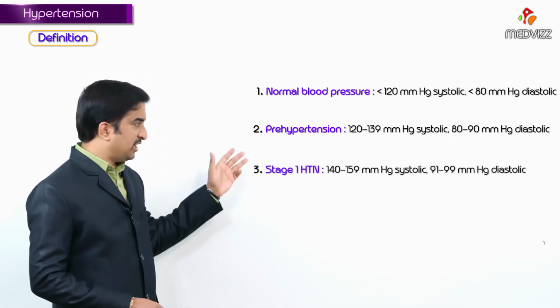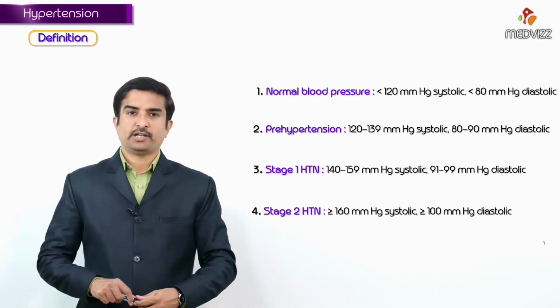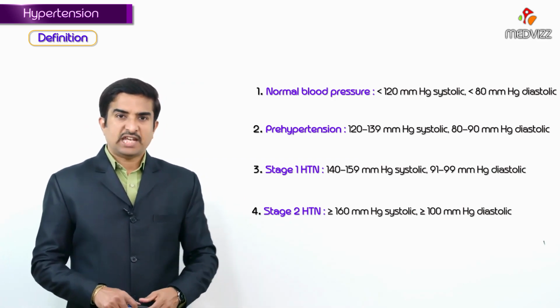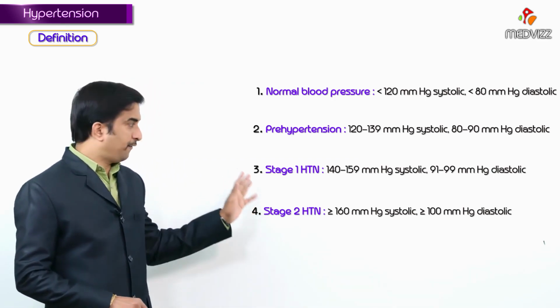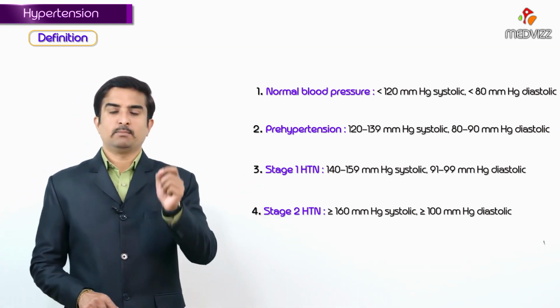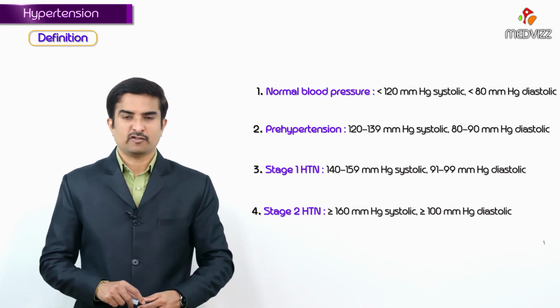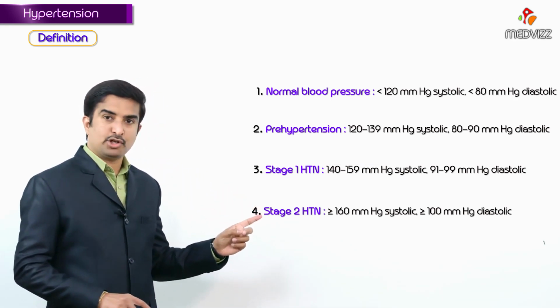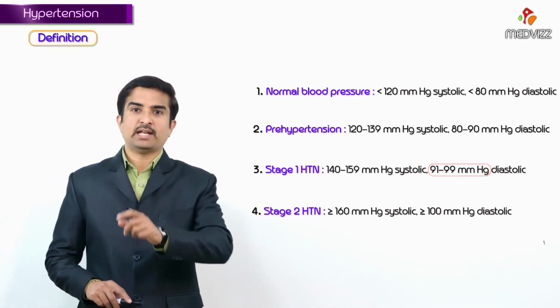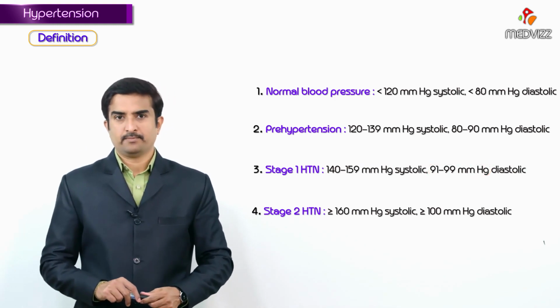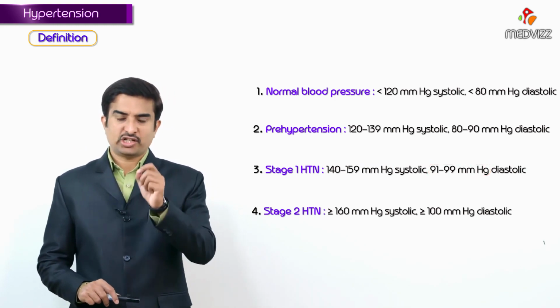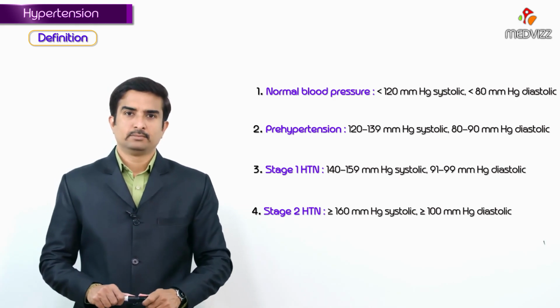And we have stage 1 as well as stage 2 hypertension. Stage 1 hypertension means the systolic blood pressure is between 140 to 159 millimeters of mercury and the diastolic blood pressure is 91 to 99 millimeters of mercury. It is called stage 1 hypertension.